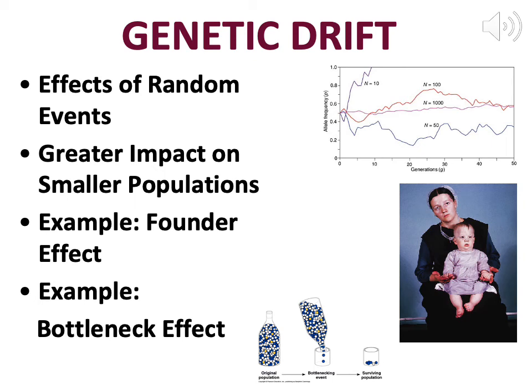Suppose you've got a population of 100 birds living on an island, and those birds tend to nest in groups of 10. So in this population of 100 individuals, I've got 10 nesting groups of birds.